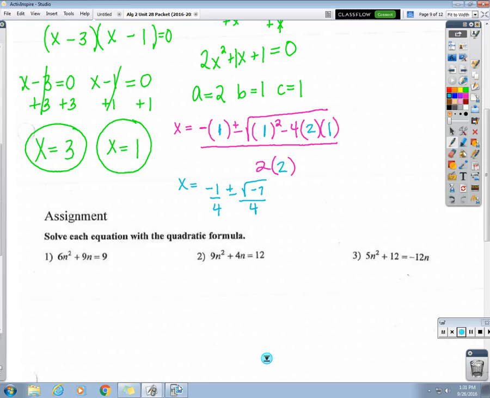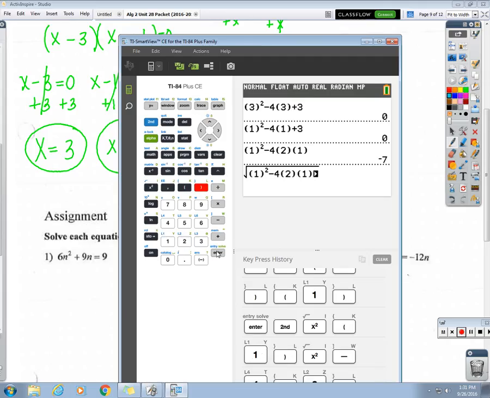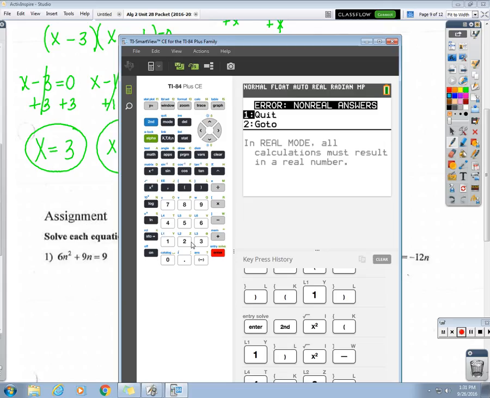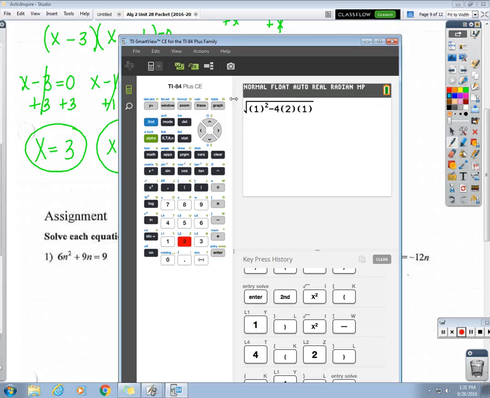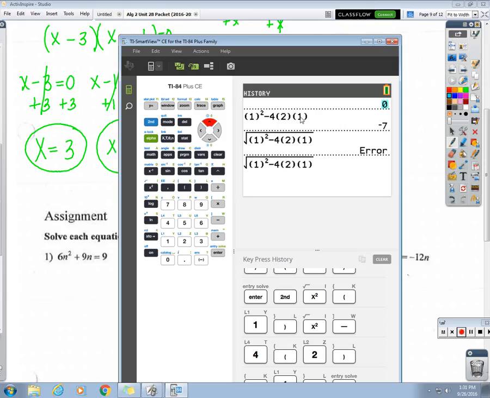Now, let me show you why it's not a good idea to try to type in the radical. You know how I told you not to type in the radical, just type in everything up under it? This is why. If you had tried to save yourself some time, you would have run into a problem. It would have given you an error. Why do you think it gives an error? What did we get when we typed in all the numbers up under it?